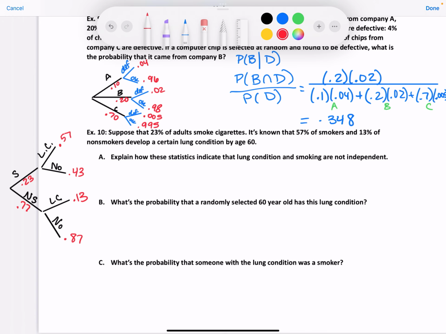So then it says to explain how these statistics indicate that lung condition and smoking are not independent. So I would do the probability of a smoker, which should be equal to the probability of a smoker given that they have a lung condition if they're independent.